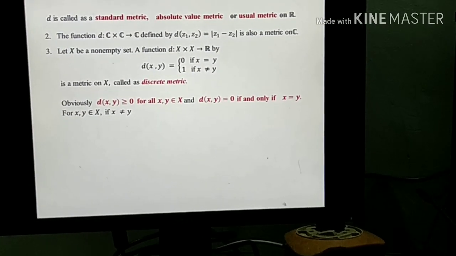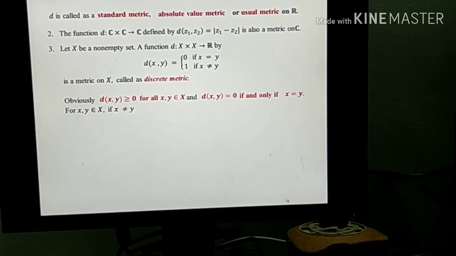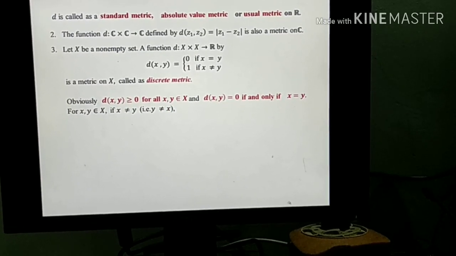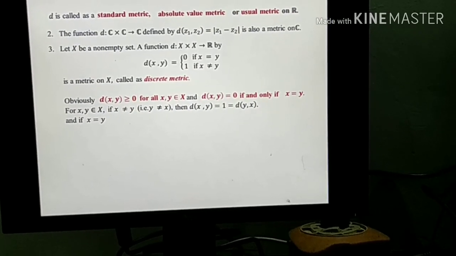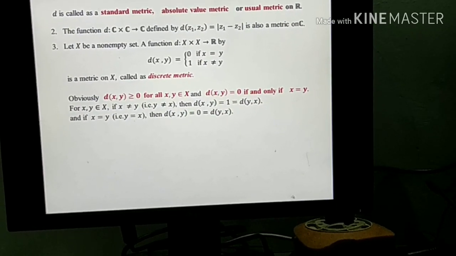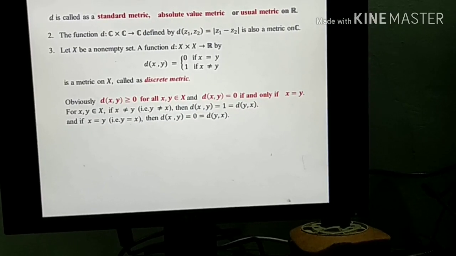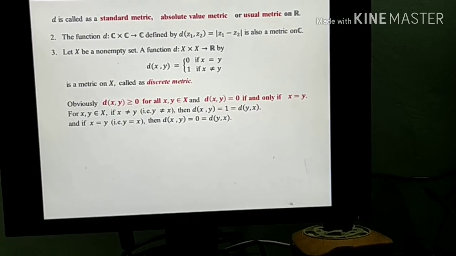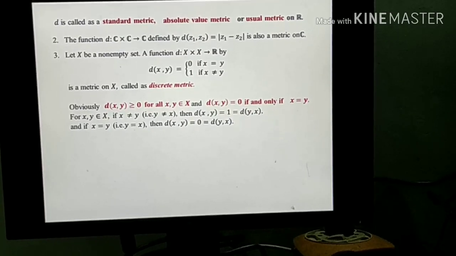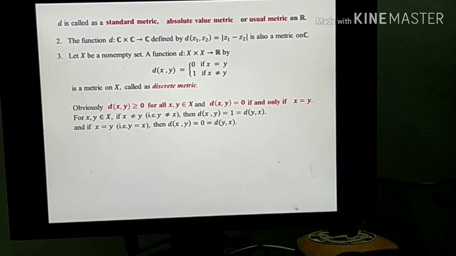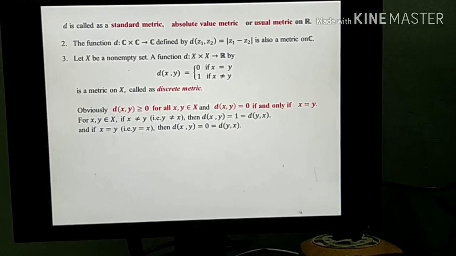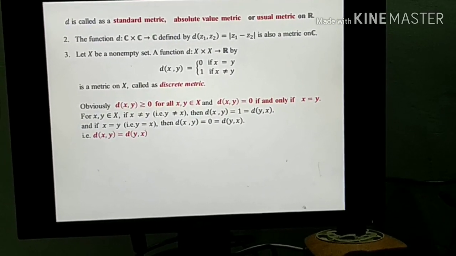And if x is not equal to y, then y is also not equal to x, and therefore d(x,y) and d(y,x) both are equal to 1. Hence, in any situation, we can conclude that d(x,y) is equal to d(y,x) for all x, y belonging to X. Therefore this function d satisfies the third property, the symmetry property of a metric, also.